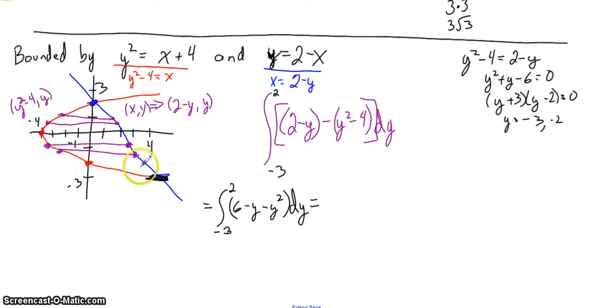So we're integrating, we're adding all those horizontal rectangles, we're stacking all those little itty bitty areas up. So 6y minus 1/2 y squared minus 1/3 y cubed from -3 to 2.